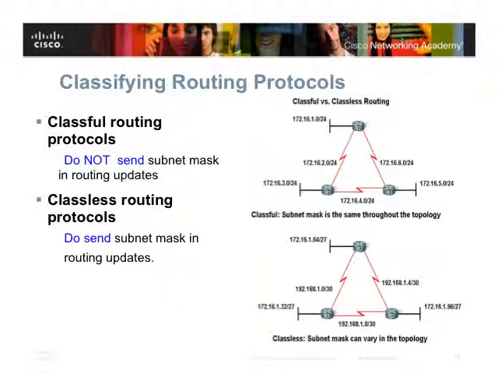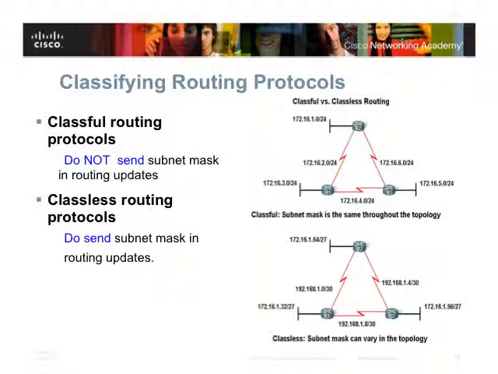If the leftmost byte is between 0 and 127, we know that this is class A. Based on that, we know that there is 1 byte for the network and 3 bytes for the host, which means that we can calculate the subnet mask easily. So I don't have to communicate the subnet mask explicitly inside the routing updates.